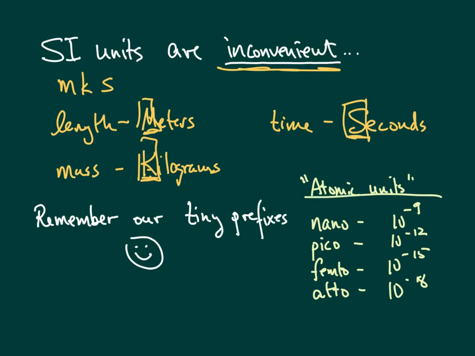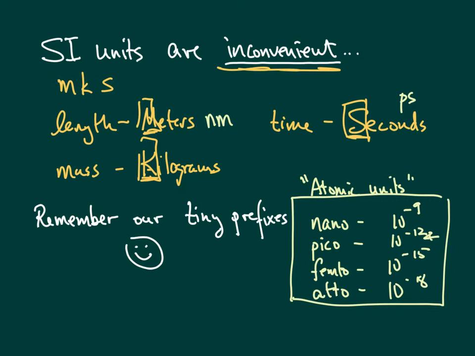Okay, we're going to remember these prefixes while we build new units. Since we're talking about atomic lengths, we should use nanometers for our length unit. For time, let's use picoseconds.